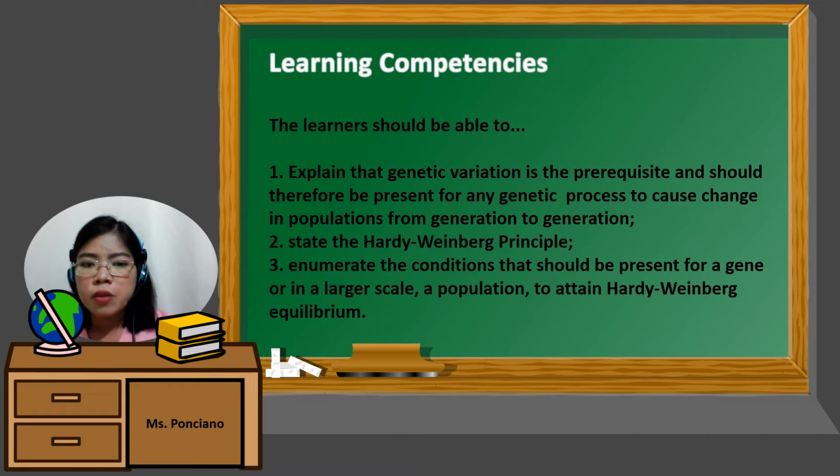Number two, state the Hardy-Weinberg principle, and number three, enumerate the conditions that should be present for a gene, or on a larger scale, a population, to attain Hardy-Weinberg equilibrium.